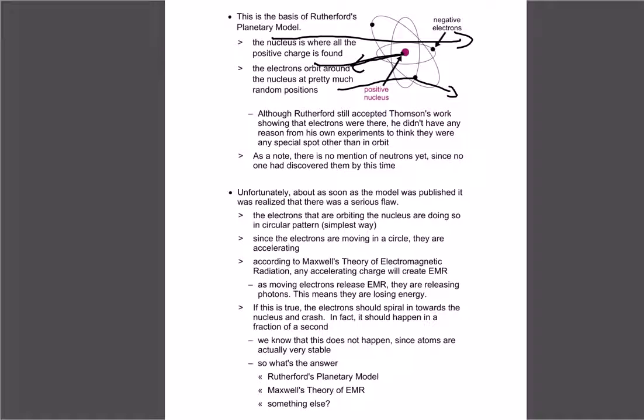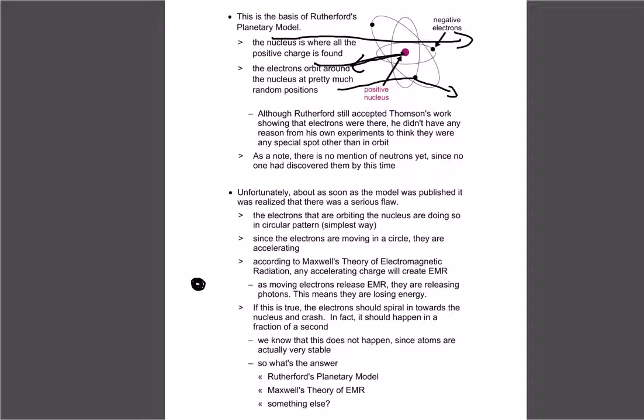He thought the electrons were just orbiting around in circles, but if they're moving in circles, that means they have to be accelerating. And when we have accelerating charge, we know from Maxwell that it will create EMR. If you're creating EMR, it's going to release some energy, and if it releases energy, it's going to slow down, and those electrons would eventually crash.